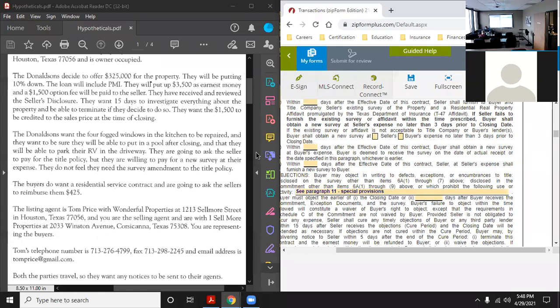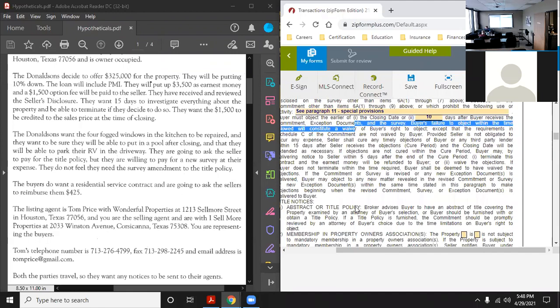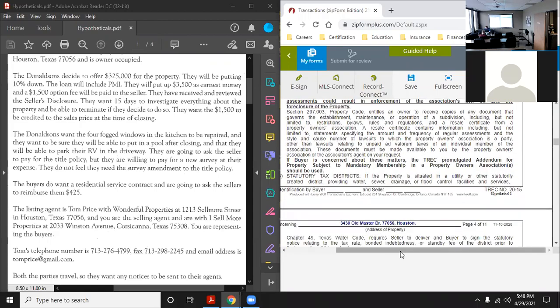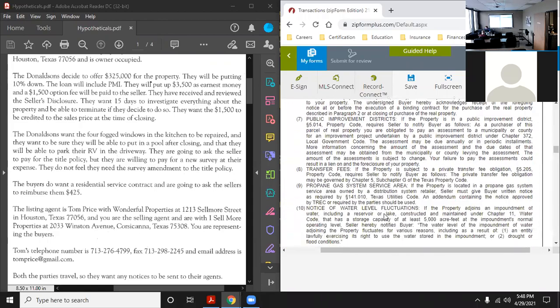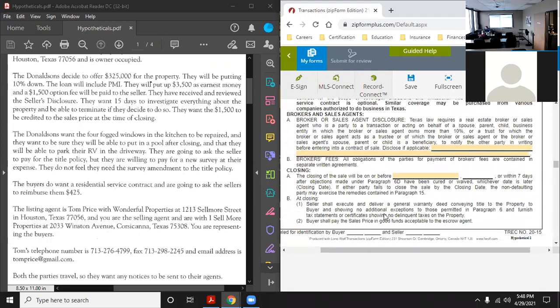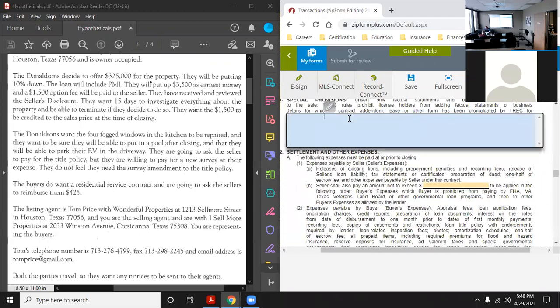And then I don't know if it says anything about them objecting after a certain time. So let's just put 10 days here. That is the normal thing. And then in paragraph 11, where it's at, here we go. You can just copy and put that there.